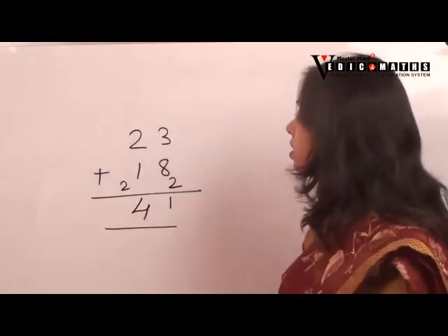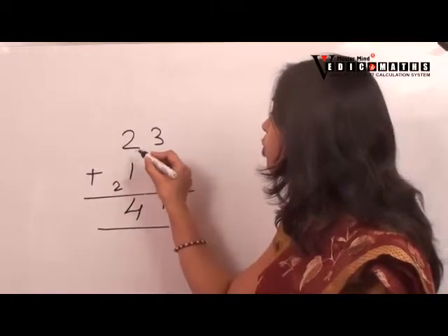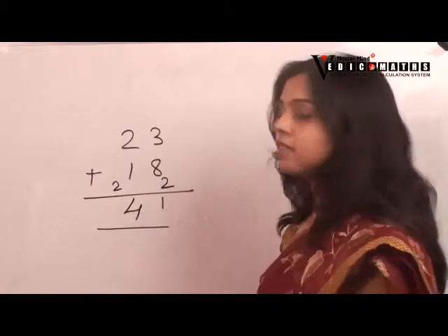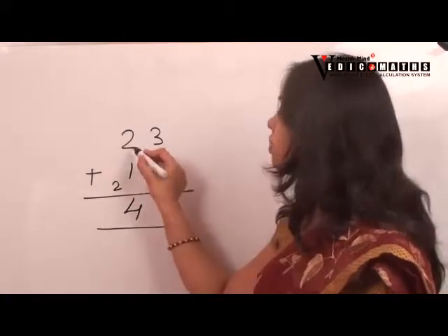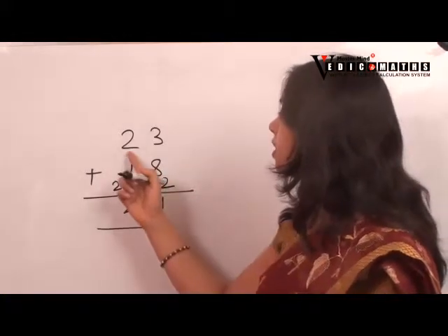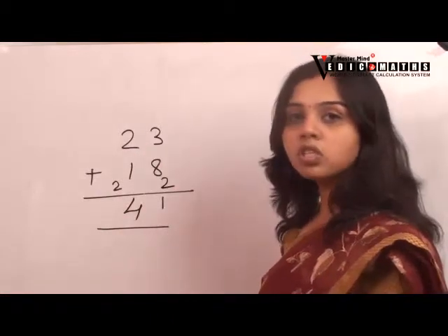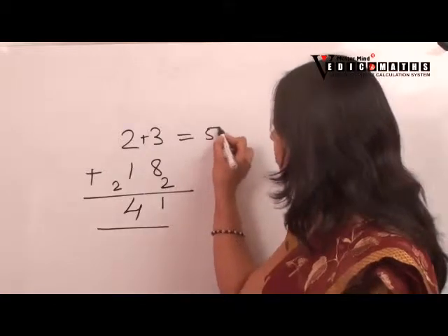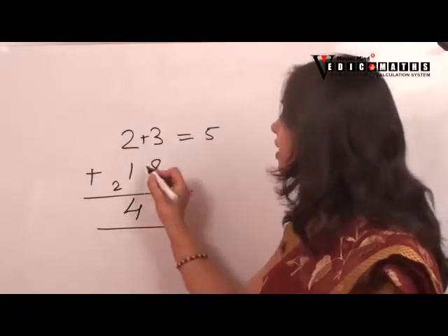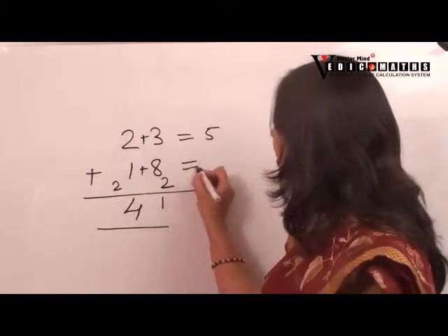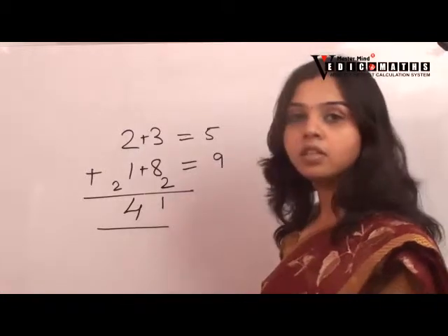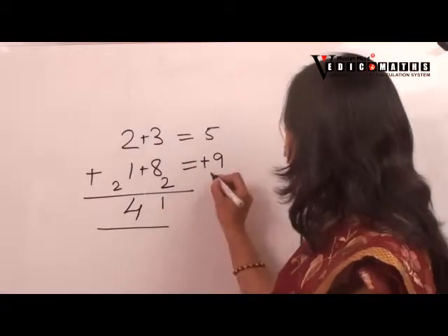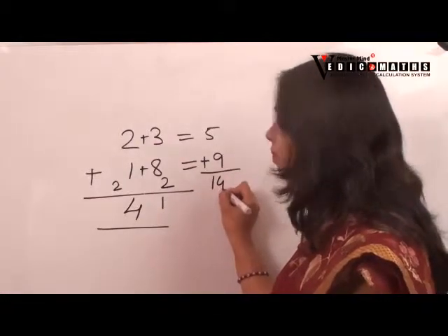For checking the answer, firstly we'll have to make the sum of the digits of the number. Our number is 23 and the digits are 2 and 3. So the sum of the digits is 2 plus 3, it gives 5. For 18, 1 plus 8, it gives 9. Again, plus is between them, so 5 plus 9 is 14.